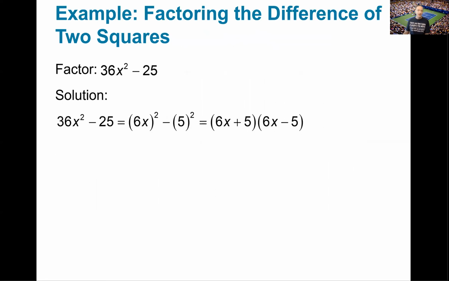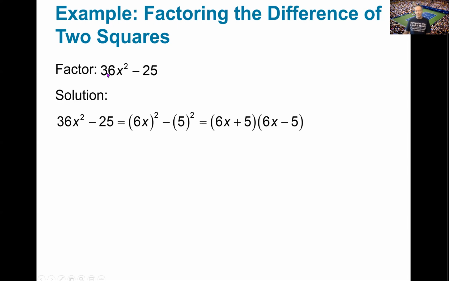So if I give you something like 36x to the second minus 25, you can say, okay, I know that 36x squared is the same thing as 6x times 6x, so I can write it as 6x quantity squared. And I know that 25 could be written as 5 times 5, so it's 5 squared.